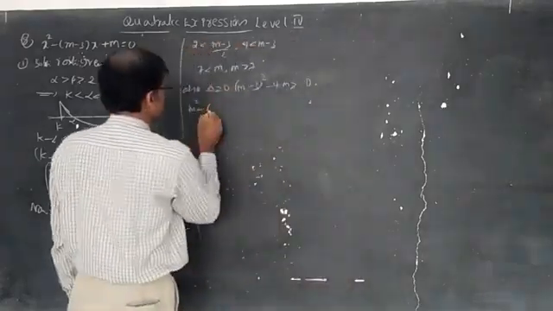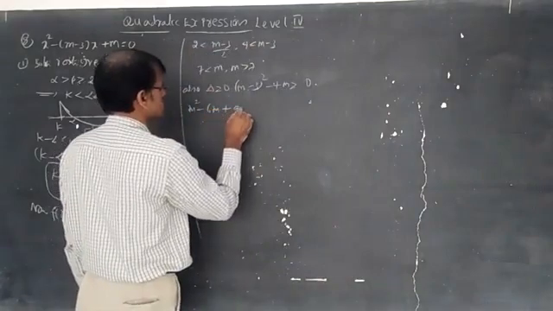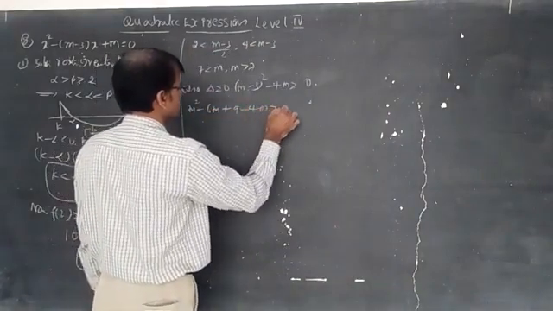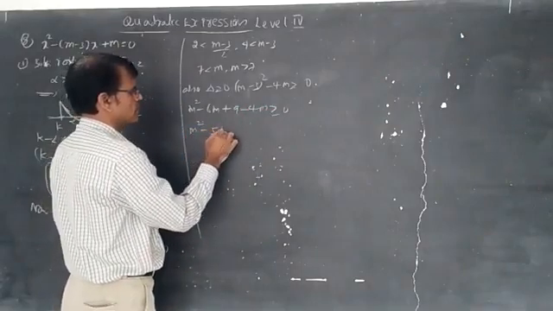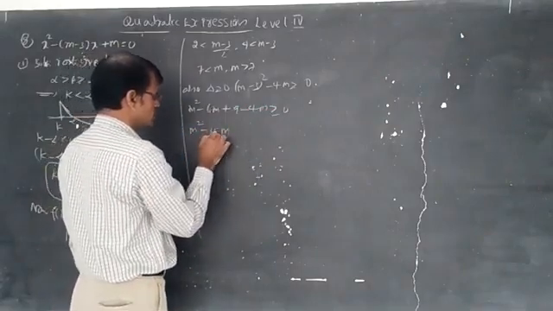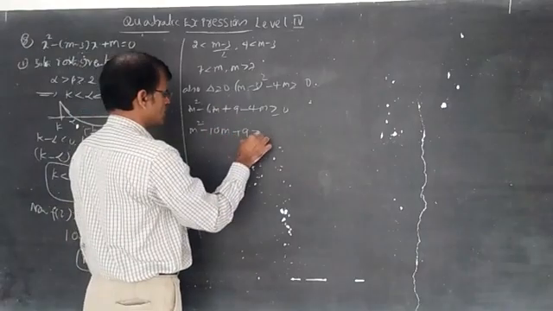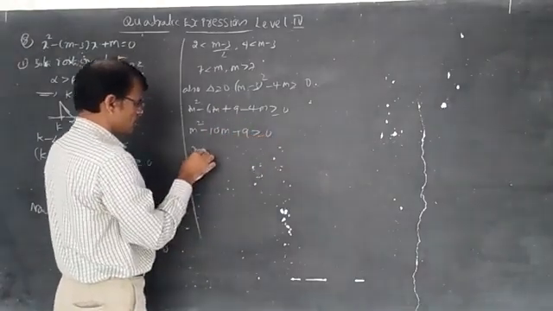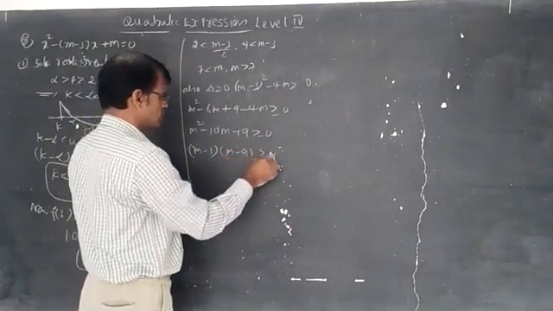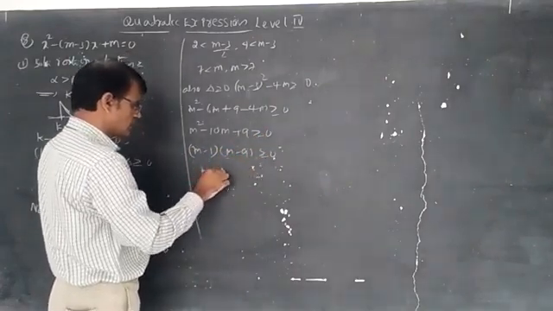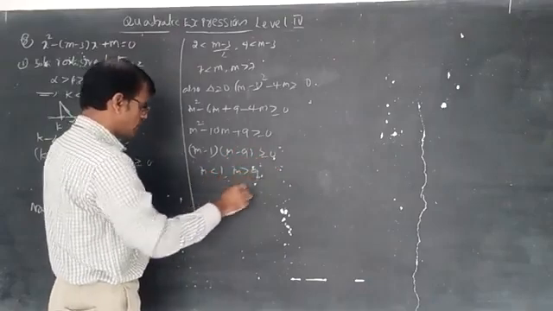So m square minus 6m plus 9 minus 4m greater than or equal to 0. M square minus 10m plus 9 greater than or equal to 0. You can write m minus 1 into m minus 9 greater than or equal to 0. So it is m less than or equal to 1, m greater than or equal to 9.